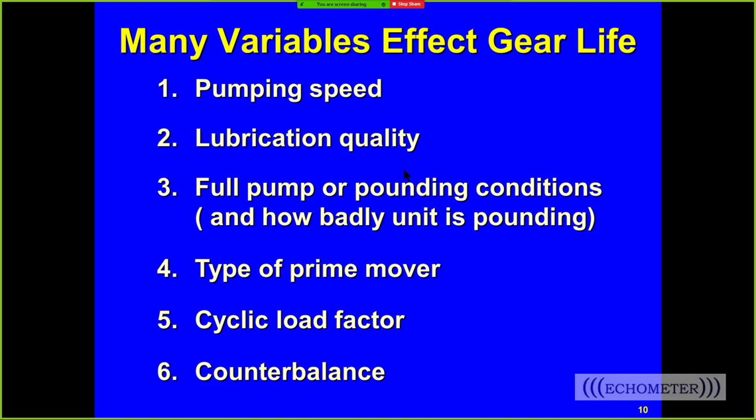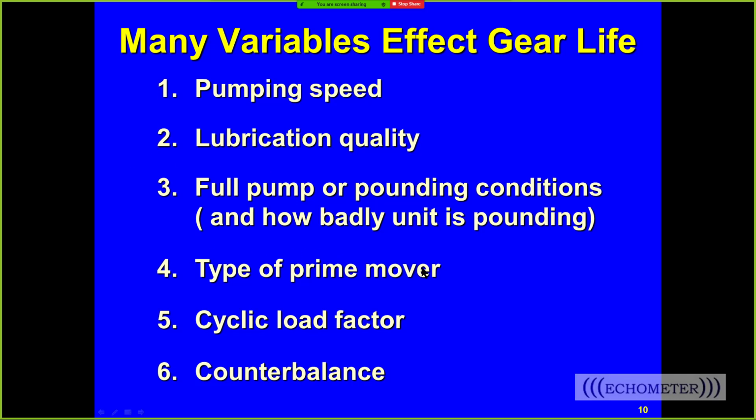So when you balance the unit based on the pump being full or partially filled, and then the conditions change, like let's say we balance it full and then you pump it off and you start pumping most of the time with the pump not full of liquid, then the rod loading conditions on the downstroke significantly change, and we'll show that in some examples. And the gearbox torque dramatically changes, so you have to be cautious about gearbox loading when you have wells where pump fillage changes, because that can cause the gearbox to fail just because the pump's not full.